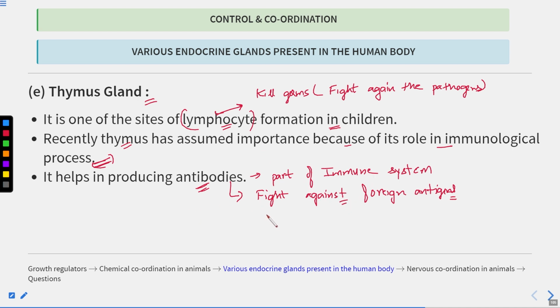They recognize the antigen, bind to it, and form an antibody-antigen complex. Once this complex is formed, another mechanism is activated and the antigen is eliminated out of the body.